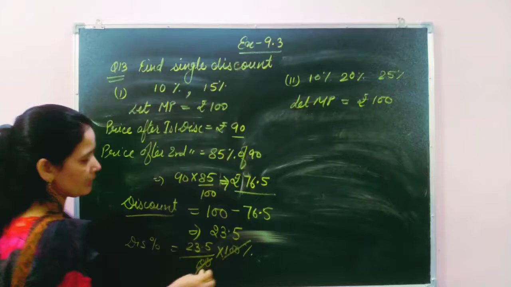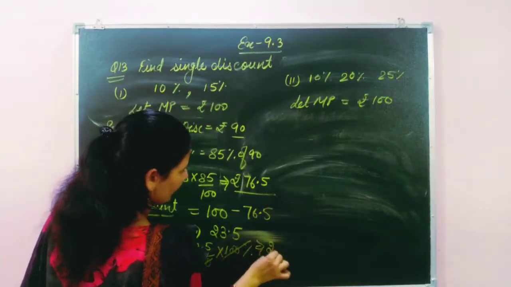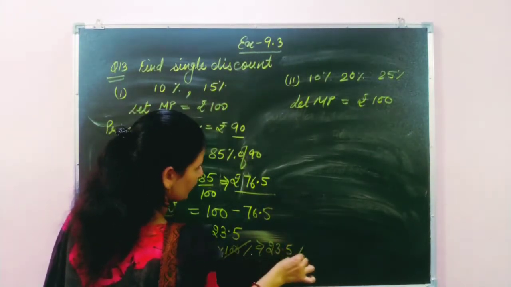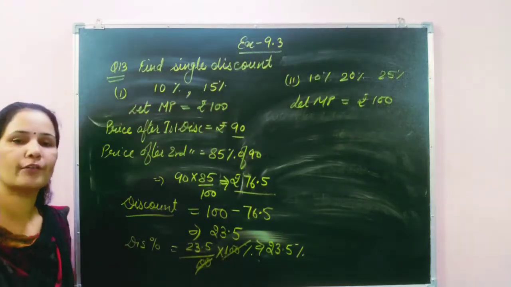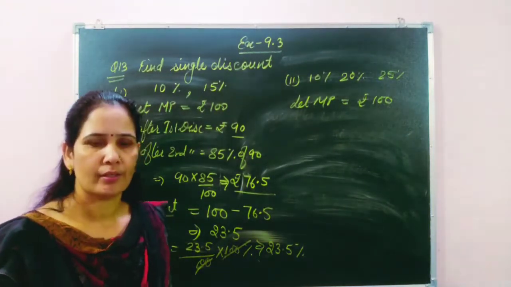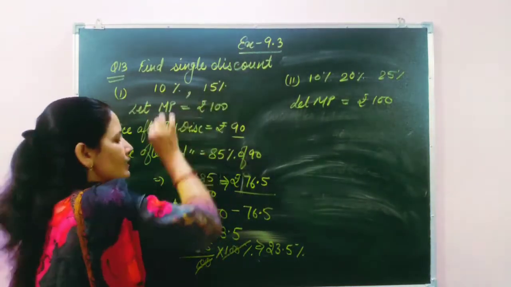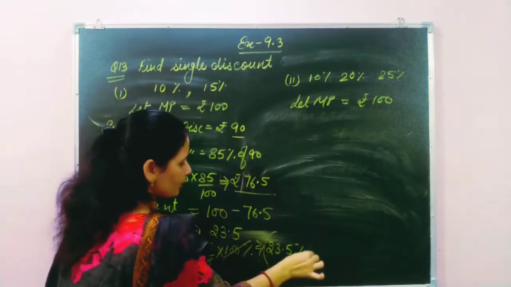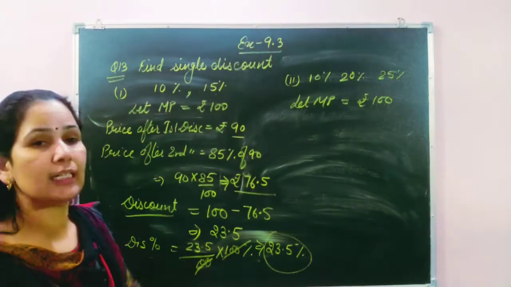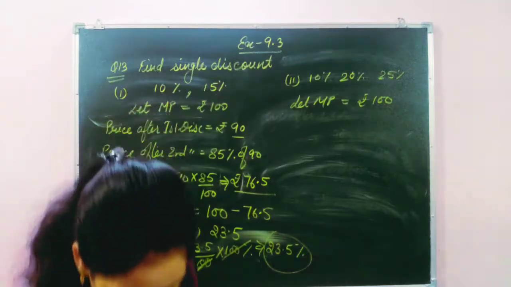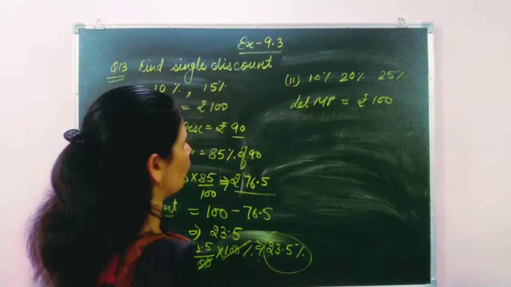So the final single discount applied by the trader for the customer is 23.5%. Instead of allowing these two successive discounts, the trader can apply only the single discount to get the answer. Now then move on to the second one.